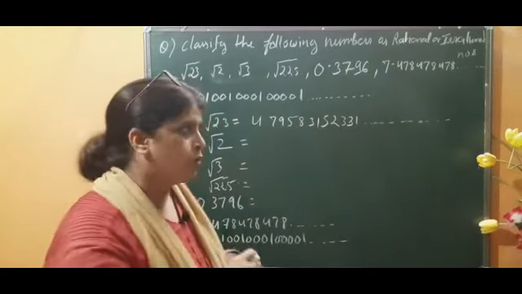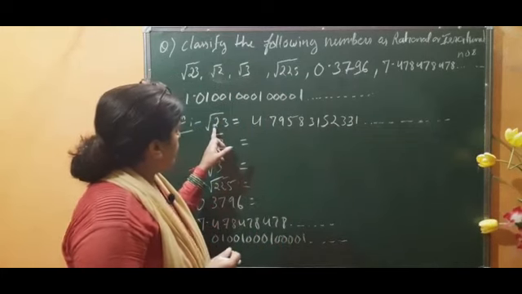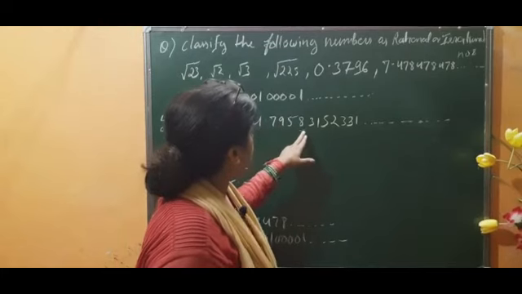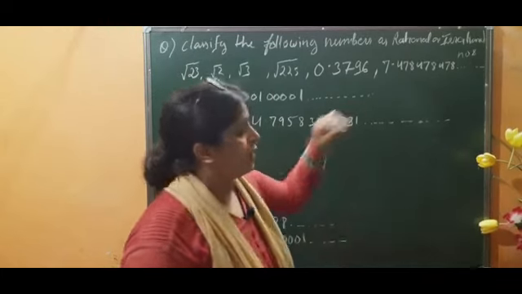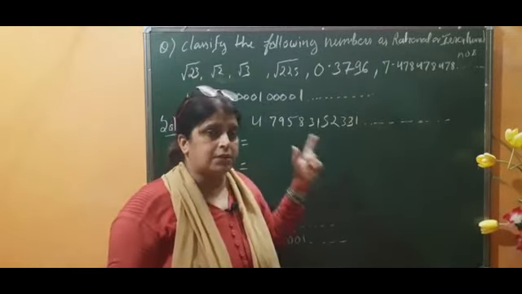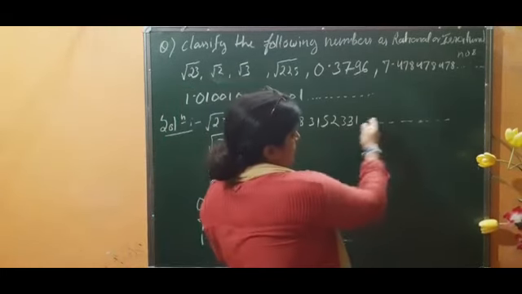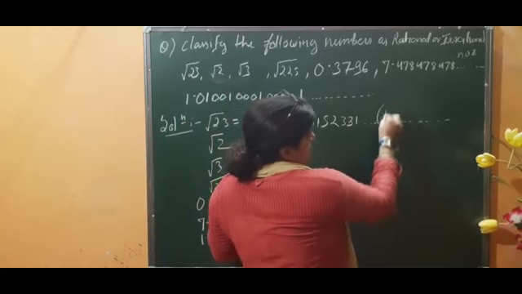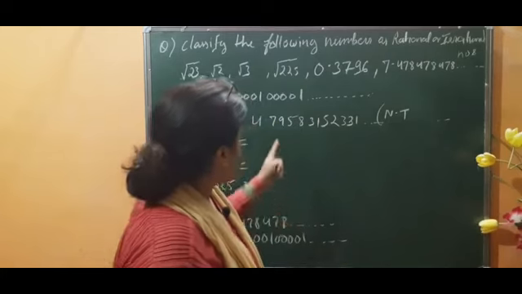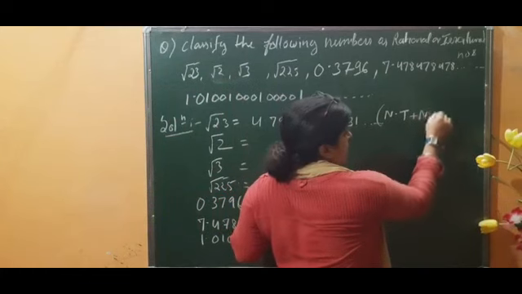But what I want to say, be careful and listen. If I convert root 23 into decimal, I get 4.795831523331. Now first of all you have to decide which type of decimal number this is. As you can see, there is no end to the digits, so we count it as a non-terminating decimal number, and there is no repetition of the digits, so it is non-recurring also.